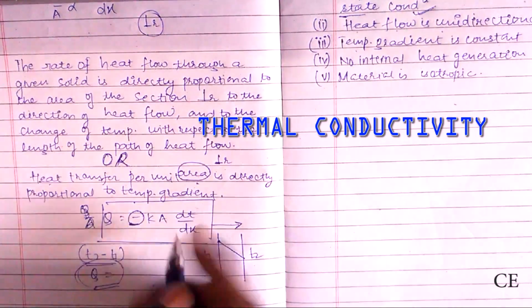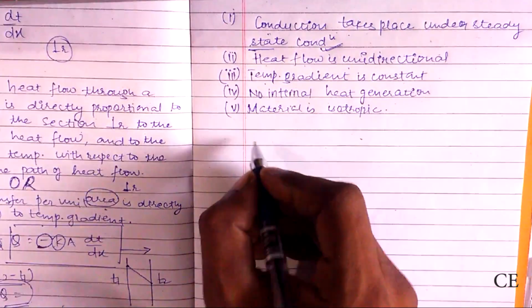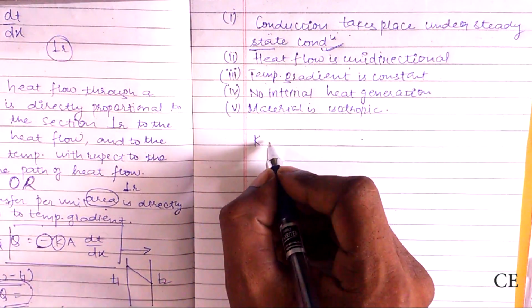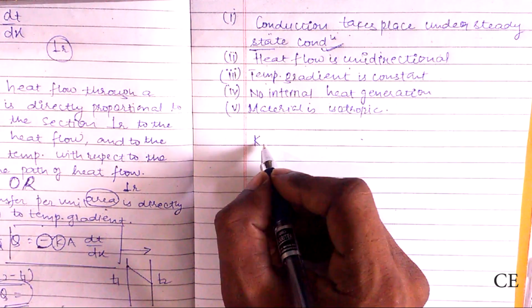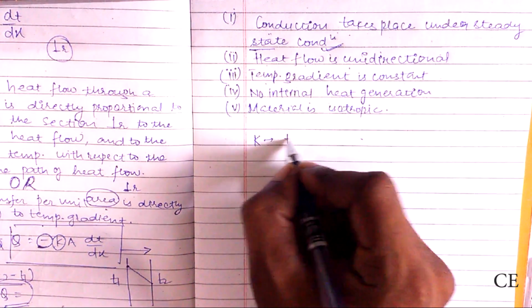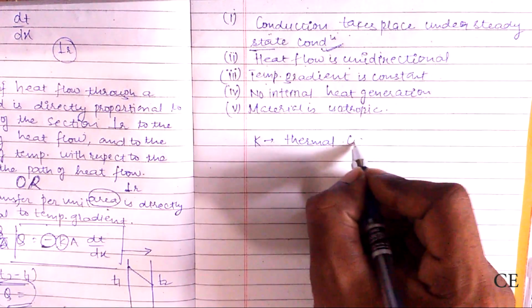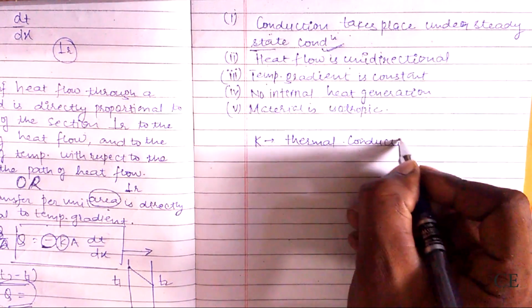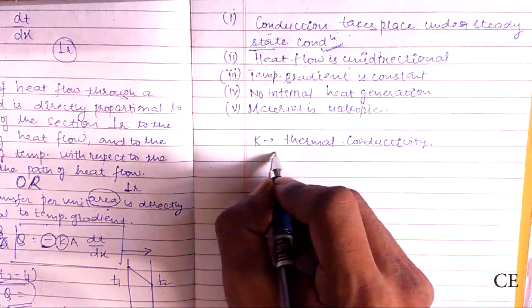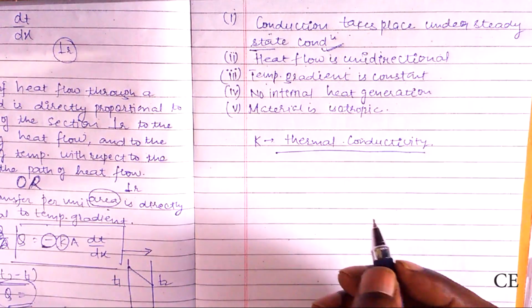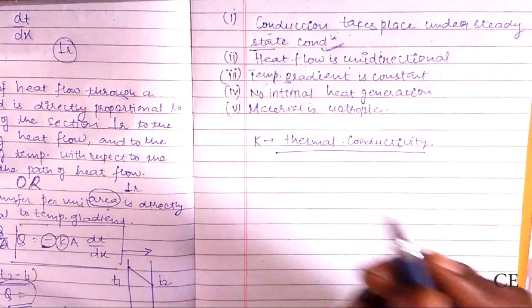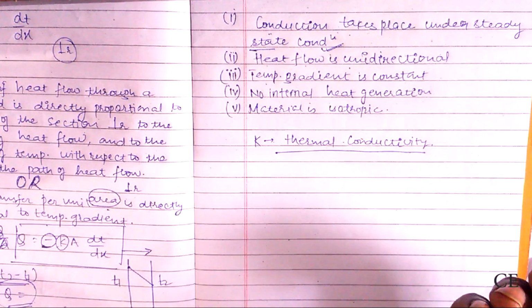Now here we have obtained a constant K. This is called the thermal conductivity constant. K is the thermal conductivity, and this is a constant. It is used to define how much a material can transfer heat from it to another body.